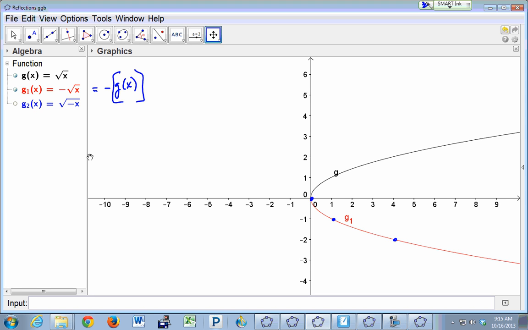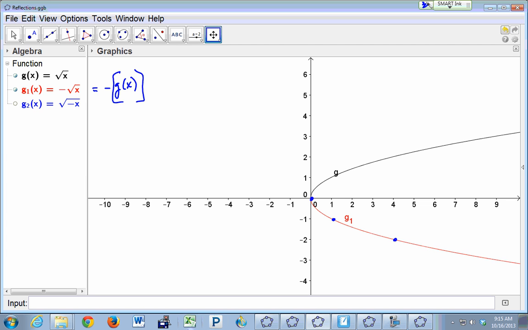My y values are now becoming their opposite. That's called a reflection around or across the x-axis. Some people say about the x-axis, some people say across the x-axis. It's like you have a mirror right along the x-axis, and every single output here becomes the opposite.